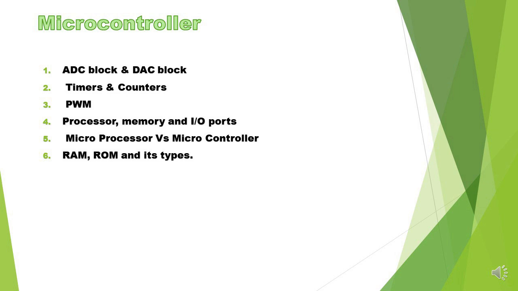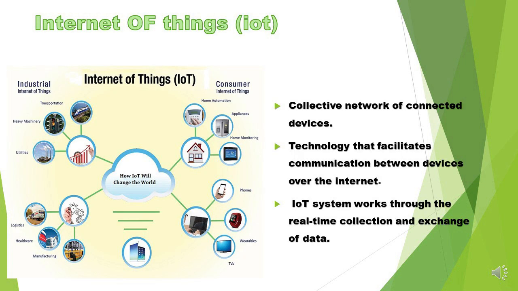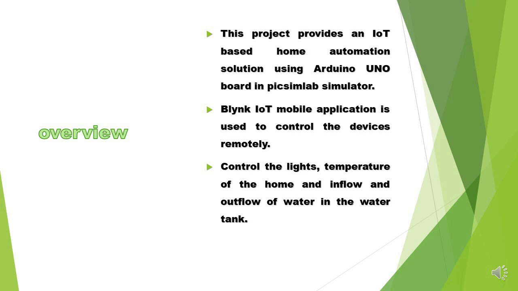And we also learn about peripheral devices. A peripheral is an internal or external device that connects directly to the computer or microcontroller. In this project we use many peripherals like an LDR sensor, an LCD to display the output of the sensor, and a temperature sensor in a serial tank. In this slide, we are going to discuss an overview of our project.